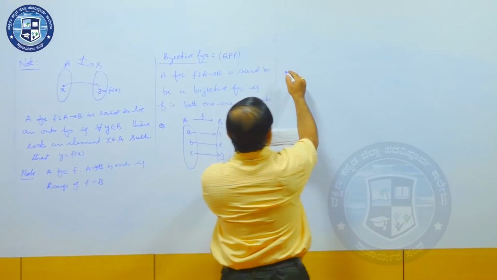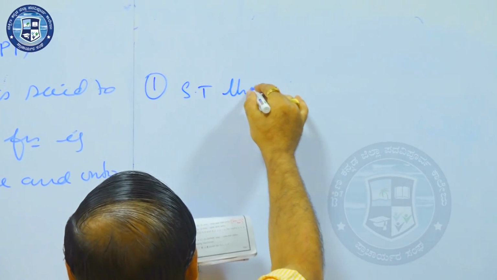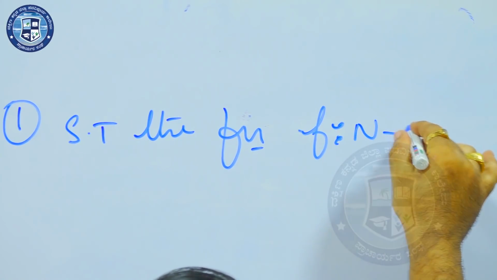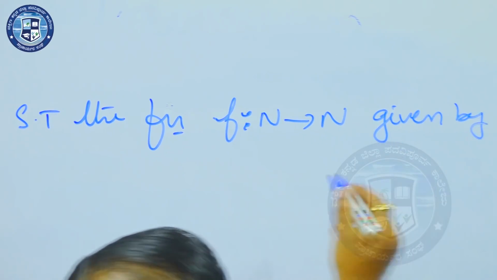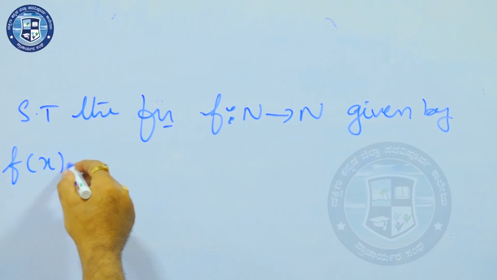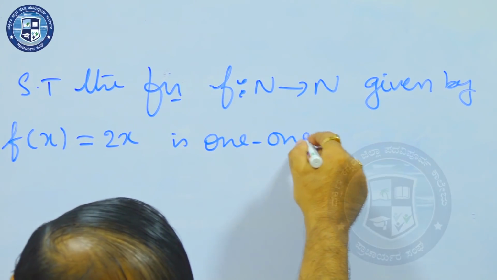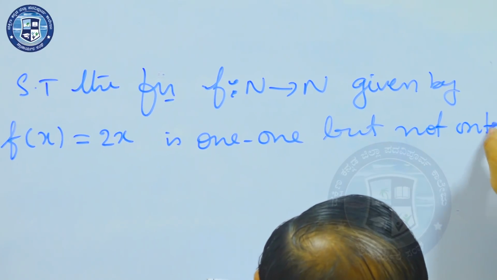See, first problem: show that the function f from N to N given by f of x equal to 2x is one-to-one but not onto.